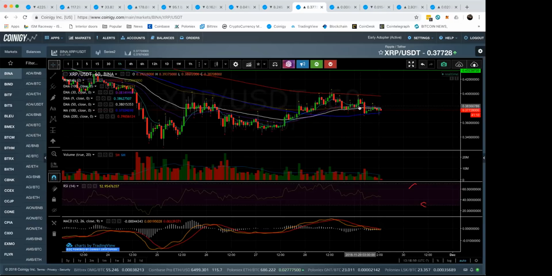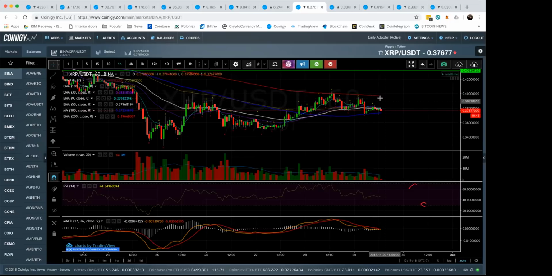Now that the higher time frames are much closer to the price action, we don't have a lot of barriers to break through. The only barrier left is the 200 EMA. On this move, we had 1, 2, 3, 4 very tough barriers that the price action broke through. It just basically lost steam and momentum to break through the 200.